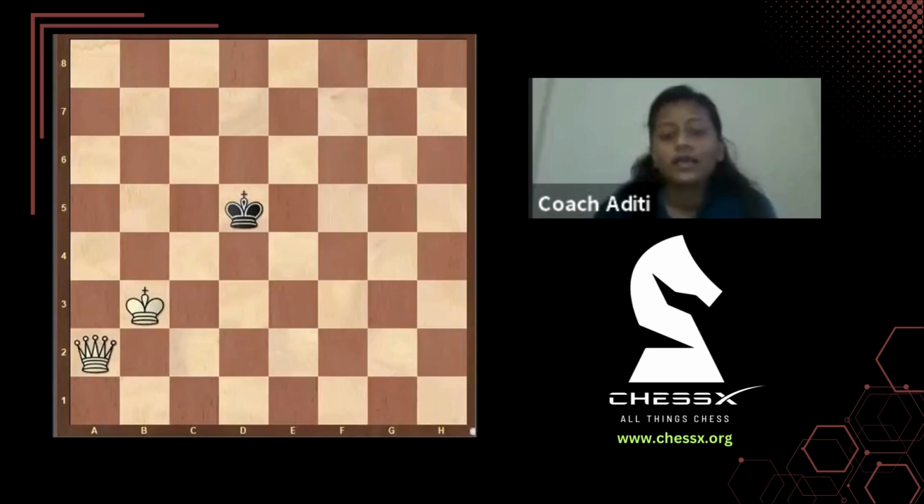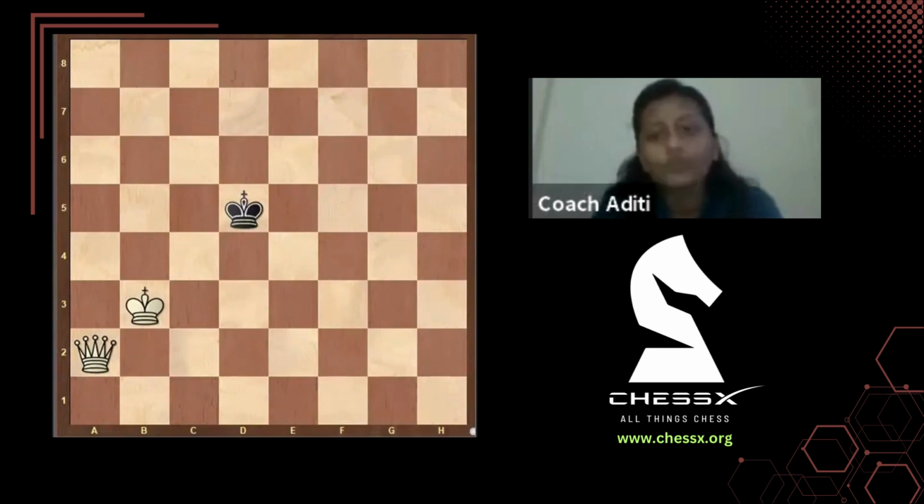Now tell me, how can white deliver a check in this position? Anyone? Okay, there are a lot of ways to give check, right? You have to tell me each and every square name through which we can deliver check to the opponent king.